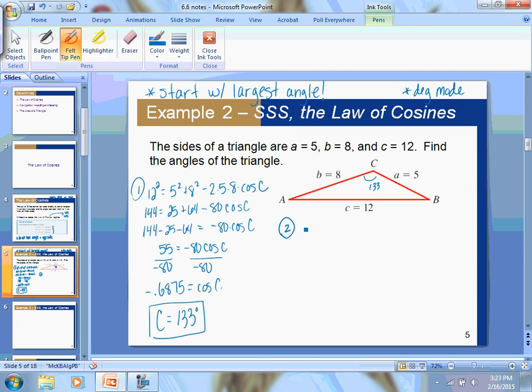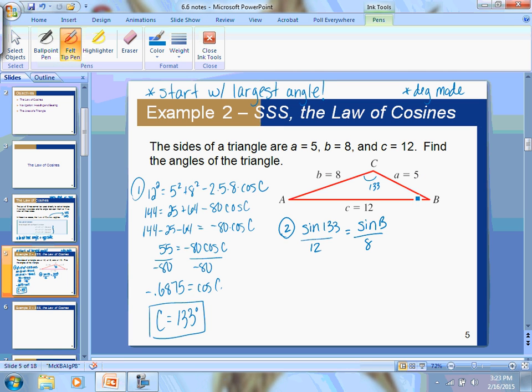Okay? So since I know that angle C is 133, I can set up sine 133 over 12 equals. Now I need to do the next biggest angle. Okay, so I'm going to start with the largest angle, and then I'm going to go the medium one, and then the small one. So I need sine B over B, because 8 is bigger than 5.